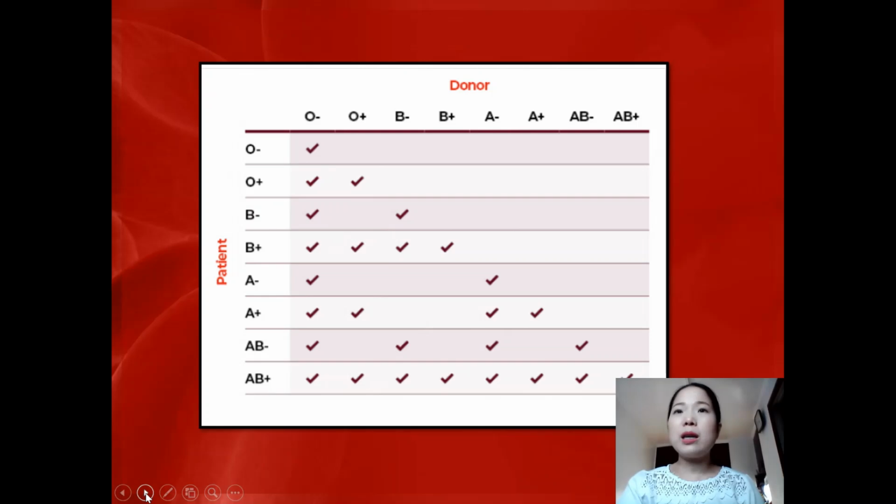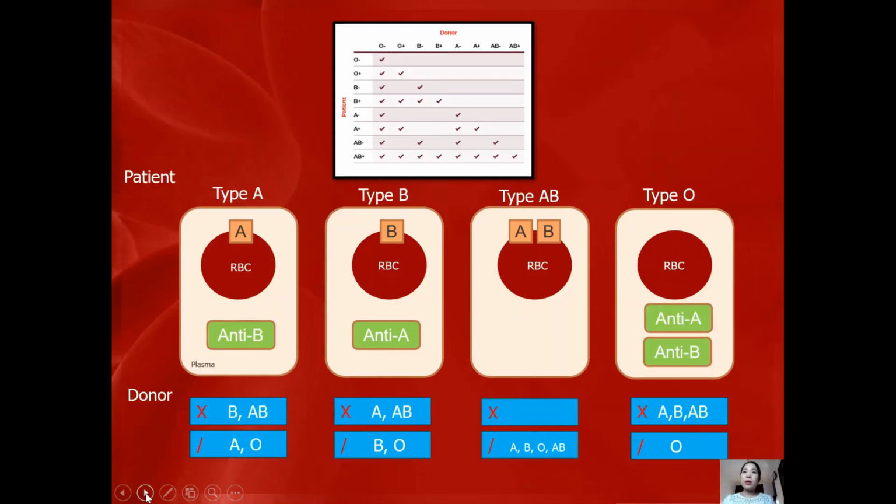If you will see this next slide, of course you cannot just memorize it, but you have to understand the rationale why each blood can be transfused to a recipient. This is actually the most important slide in this lecture. So take a look. These are the different blood types of a patient.